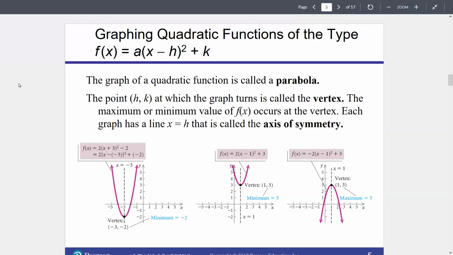The reason we call it the axis of symmetry is that if I were to fold the graph in half at that point, it looks the same on both sides. It's a mirror image over the axis of symmetry.